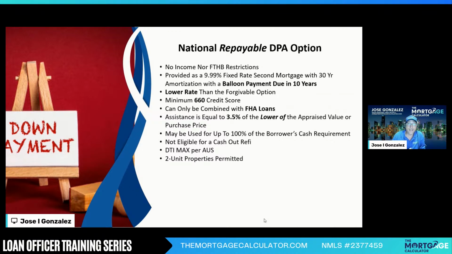The repayable has the same feature as the forgivable: it may be used for up to 100% of the borrower's cash to close requirement. Never eligible for a cash-out or refi. Never eligible for a refi of any type. This is a purchase option only. Maximum DTI is determined by AUS, in this case DU. We run our FHA loans all through DU, and 2-unit properties are also permitted on the repayable option.